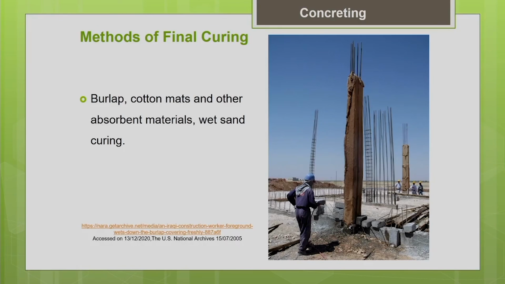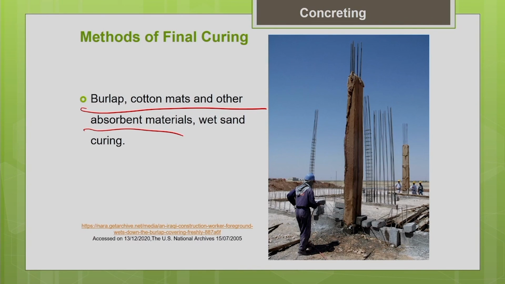So, this picture again shows the curing based on application of water. You can see they are covering with wet gunny bags, wet burlap or cotton mats, any absorbent material you can put, particularly for the vertical elements like columns. For the slabs we can follow the ponding or immersion method, where we can allow the water to stagnate easily.